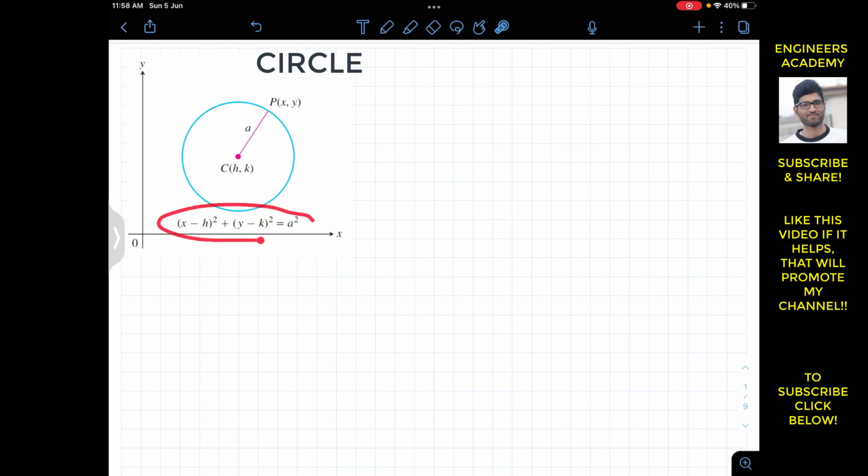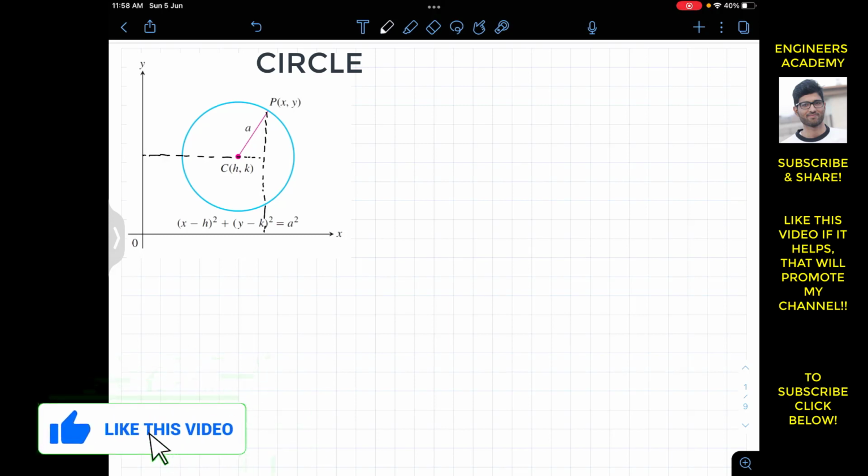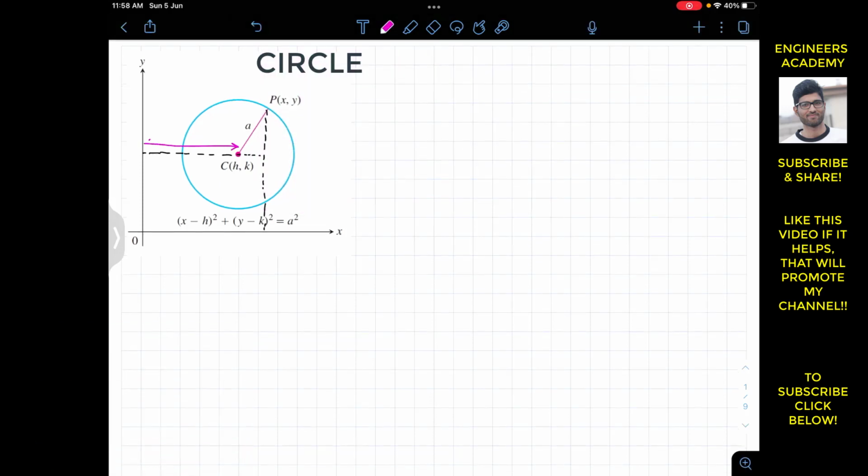Now we can find this equation by applying the Pythagoras theorem, if we know the distance formula. So if I make a vertical line like this, and a horizontal line, we know that this distance is h, since the center is at a distance of h from the origin along the x-axis, and this distance is k.